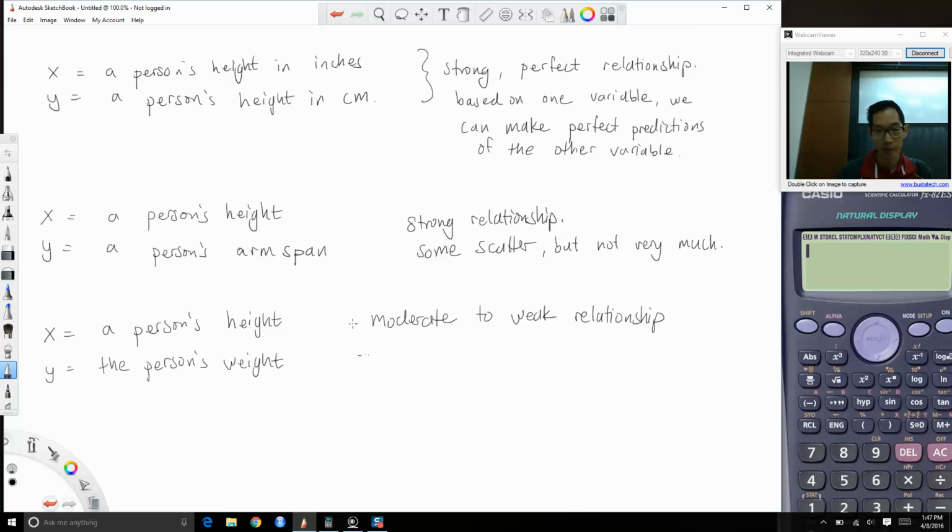So, in general, a positive relationship. Okay, but predictions of weight based on height cannot be expected to be highly accurate.